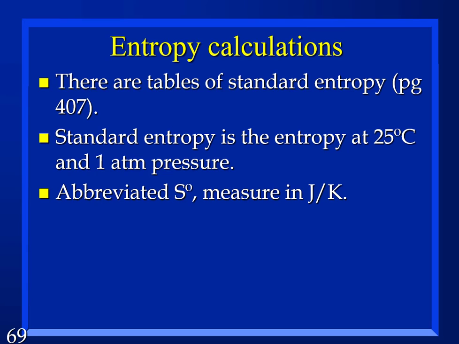The units are right there on the top: joules divided by Kelvin. That's the units for entropy. S degree, like a degree sign, that little degree sign means standard. And somebody picked 0.